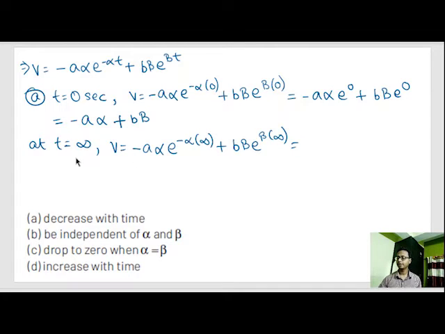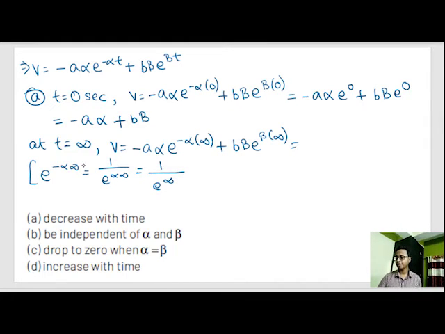Let's check out this term, e to the power minus alpha into infinity. Okay, that is equals to 1 by e to the power alpha into infinity, where alpha is nothing but a constant or limited number. Okay, so anything multiplied by infinity is infinity.